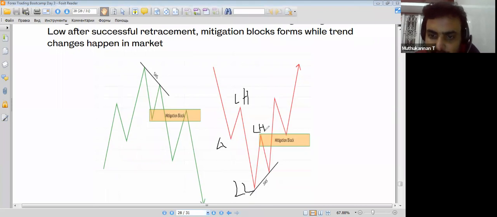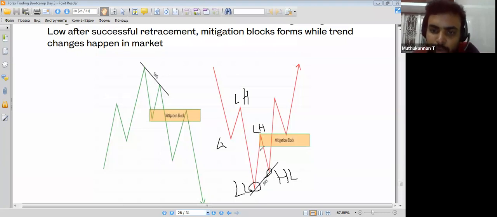And after that, what happened? It created the higher low. So now price shifted from here to here, right? So from bearish it is shifting to bullish. So that's why I'm calling this an SMS, shift in market structure.